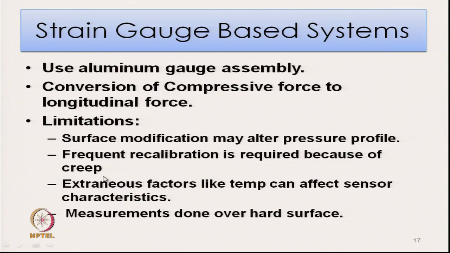Here frequent recalibration is required due to the creep effect of the strain gauge, because in a compression bandage the pressure is kept for a long time, which may result in creep of the strain gauge. External factors like temperature or humidity affect the sensor characteristics, and here again the measurement is done over a hard surface.